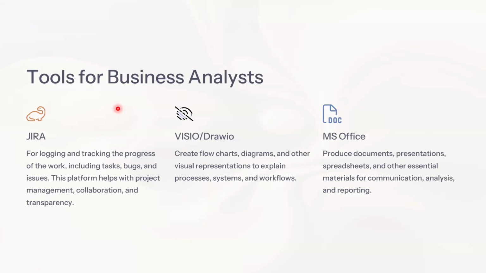Now, what tools or software are we going to cover as part of this training program? There are two essential tools that a BA must know or be aware of. The first one is Draw.io or Visio, which is used for requirement modeling.